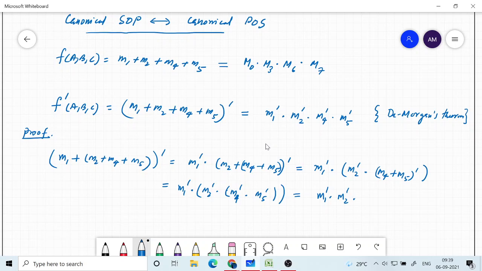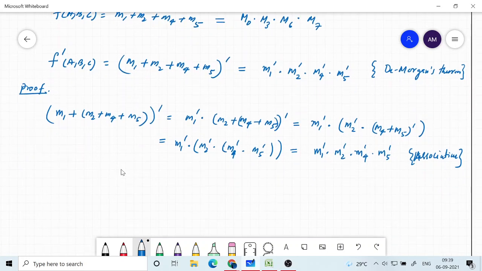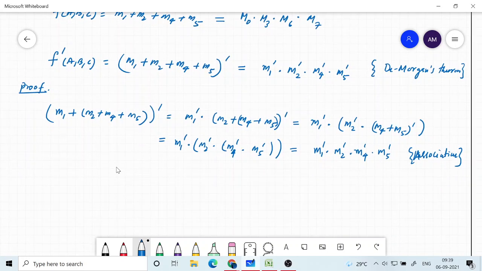So I applied DeMorgan's theorem step by step, and then used the associative property. So I can just show that DeMorgan's theorem is valid for multiple inputs, I mean more than 2 inputs also.